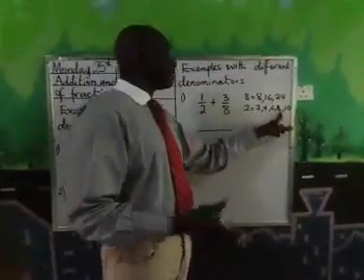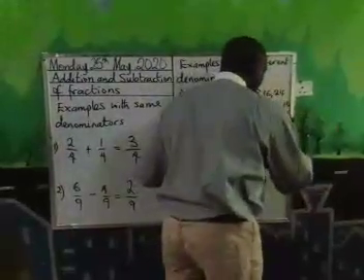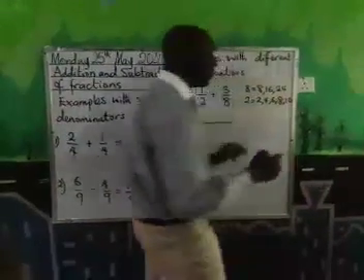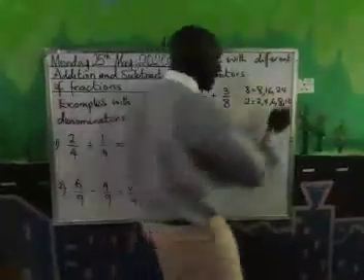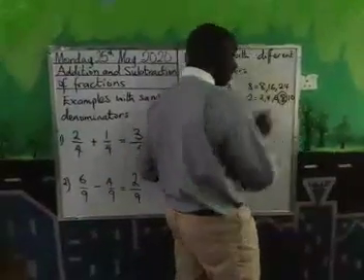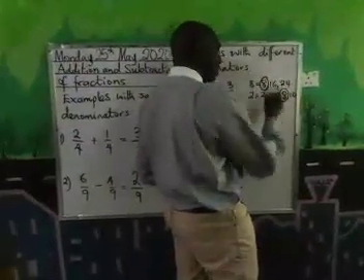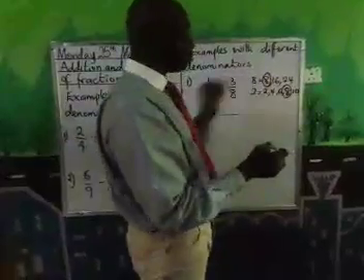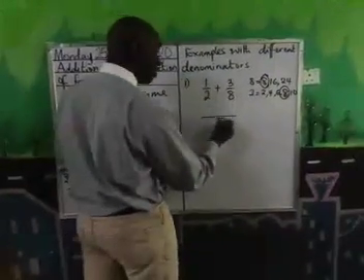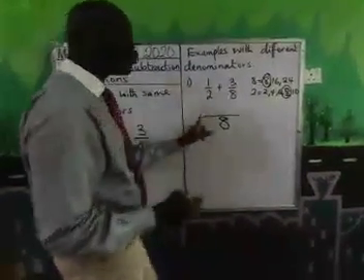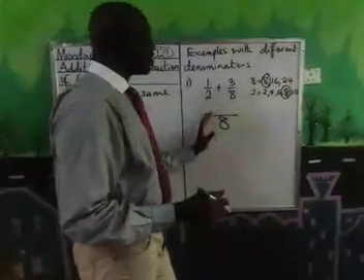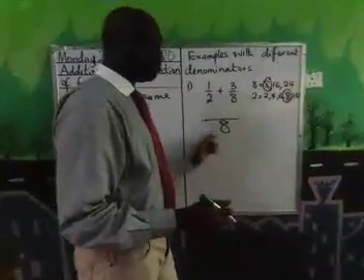Can we find 8? Yes. 8 is here. Is 8 up here too? Good. Any other number again? No. So let's write the number 8. That's what we call the least common multiple.